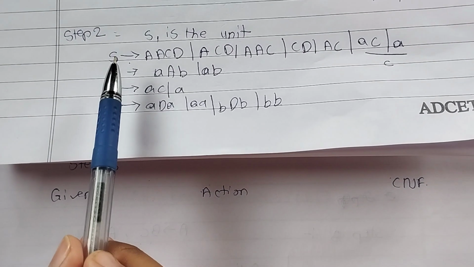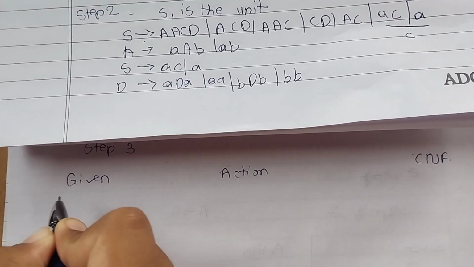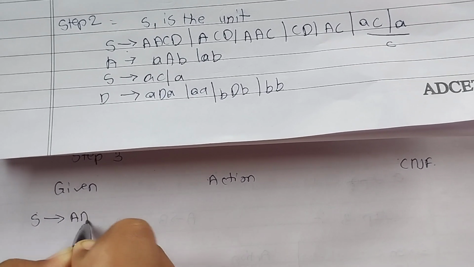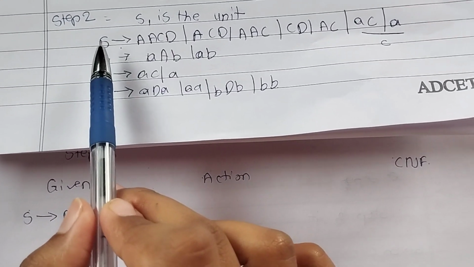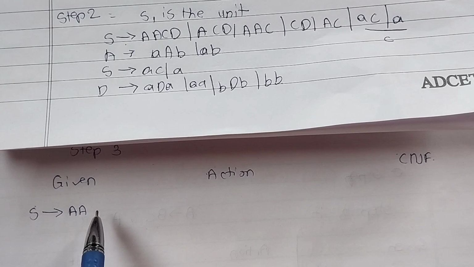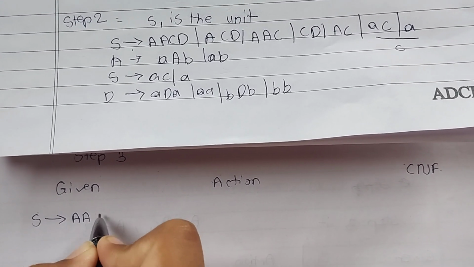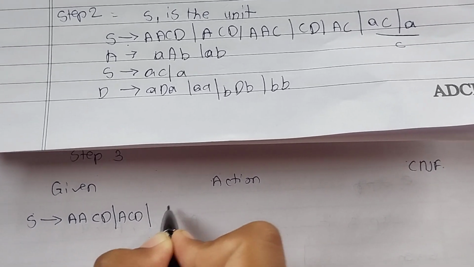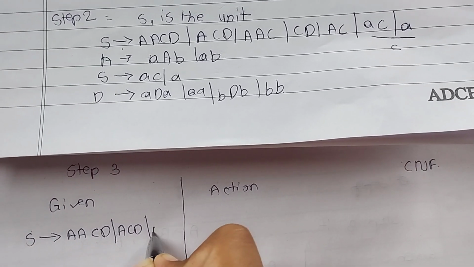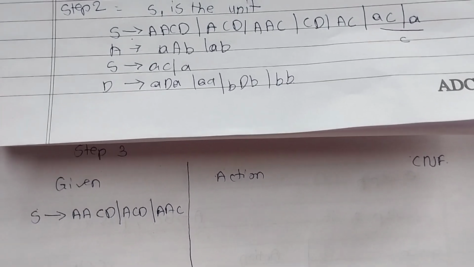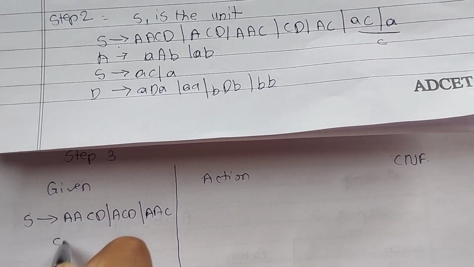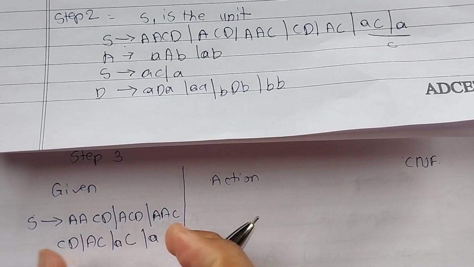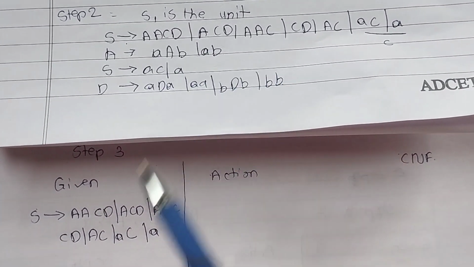So the first production is S. Write all the productions of S as it is here in the given part. So AACD, ACD, AAC, then CD, AC, AC and A. This is the production of S as it is.